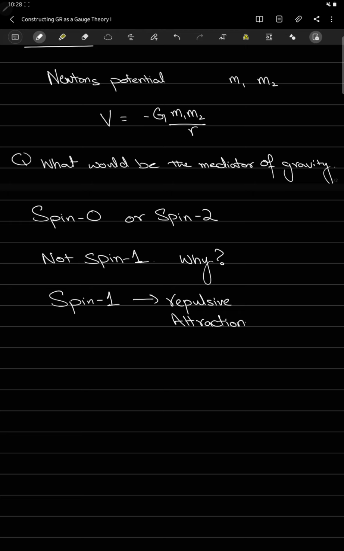But we don't know any examples of repulsive gravity, so we can get that out of the way.